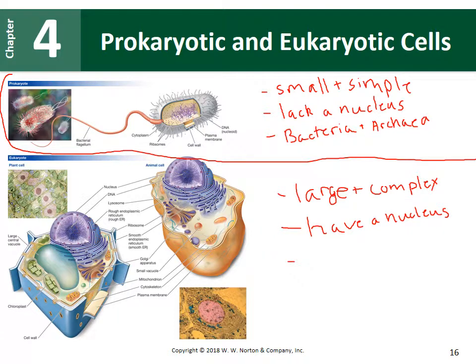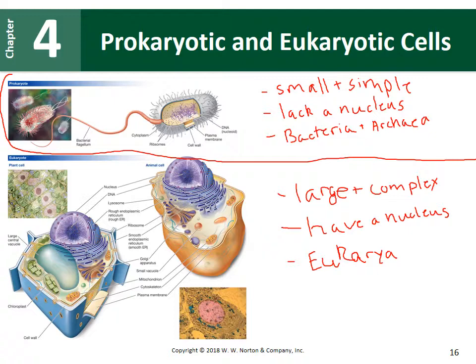And eukaryotic cells are found in our third domain of life, the eukarya domain. So we can see that these two types of cells do have a few differences. We are going to really focus on the eukaryotic cell because it is more complex. We're going to be looking at the different parts within that eukaryotic cell and their functions.